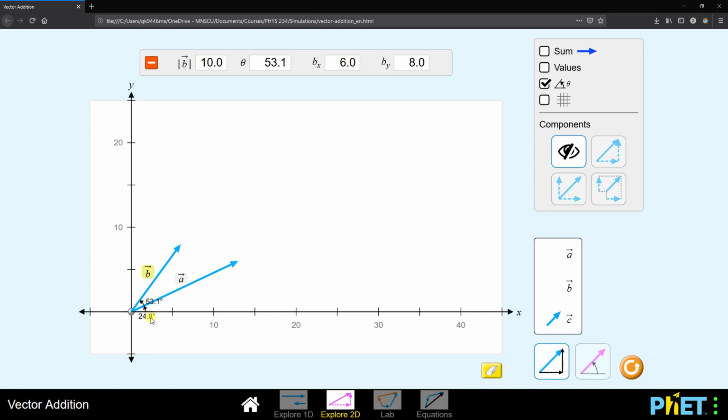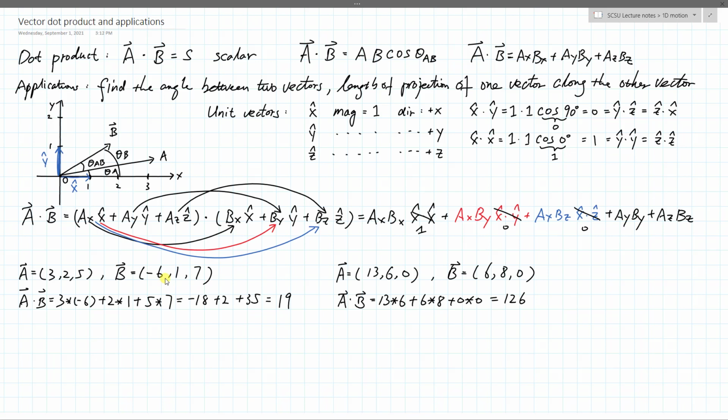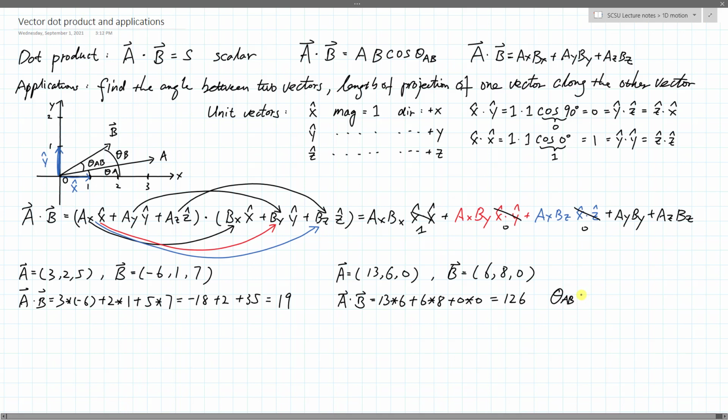But keep in mind, there are going to be some rounding errors. So the angle AB in this case should be 28.3 degrees from the vector sim. The angles are only accurate to one digit after the decimal, but we trust that.